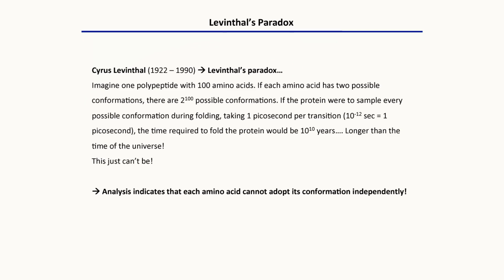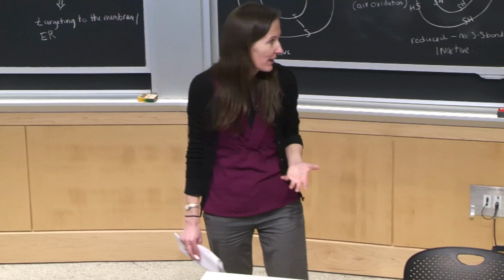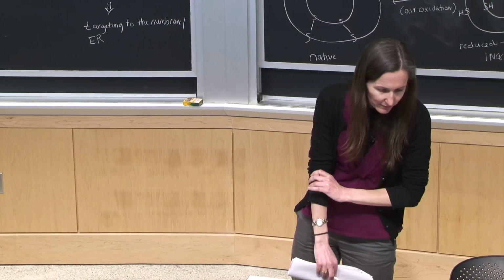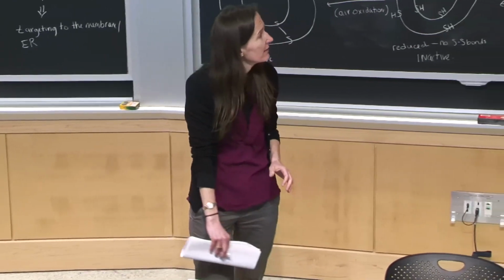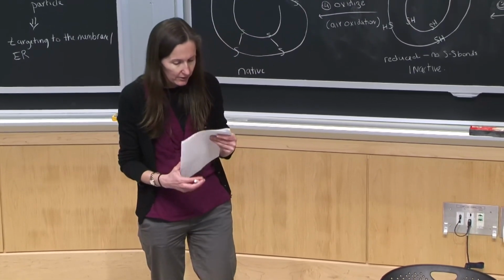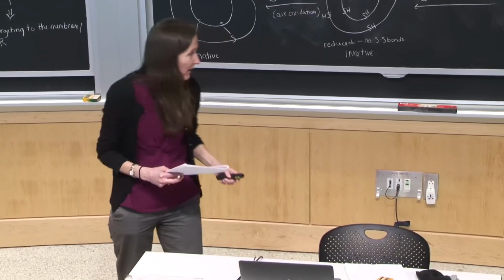So each amino acid can't adopt its shape independently. That's just not working on a biological time scale. So how do we think about this? We can use energy landscapes, thinking about tumbling through hills and valleys.